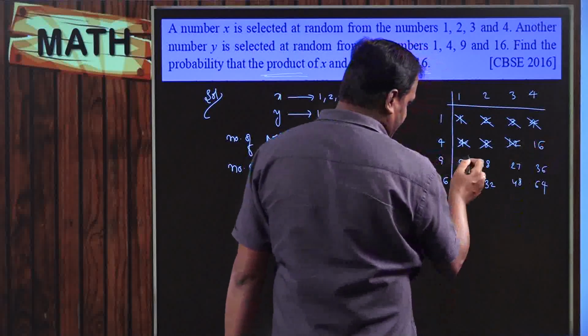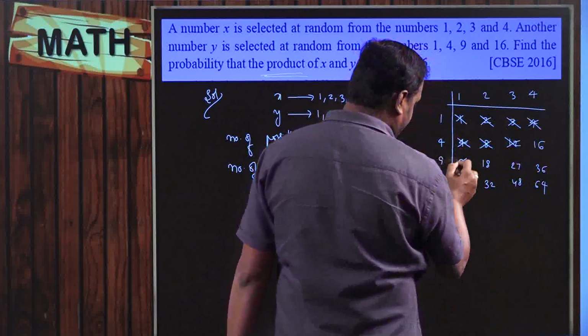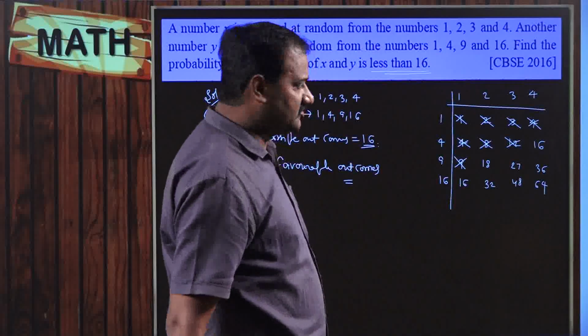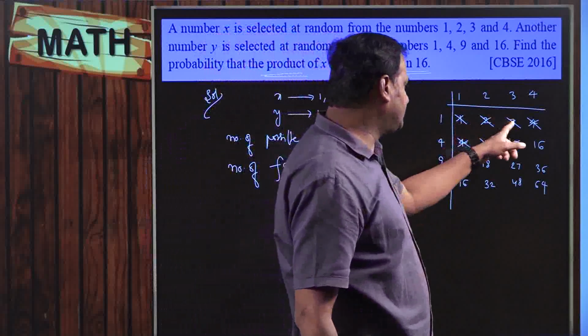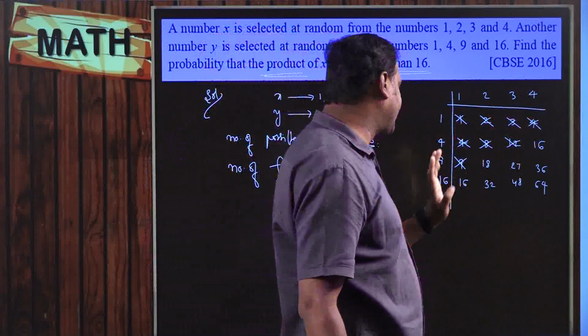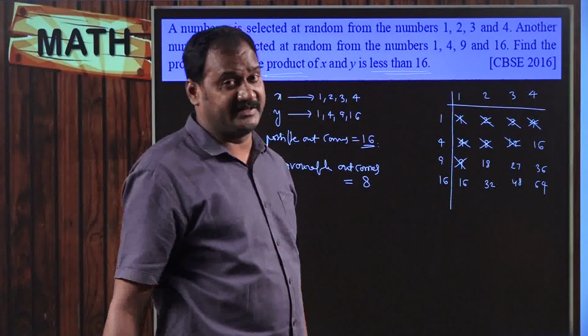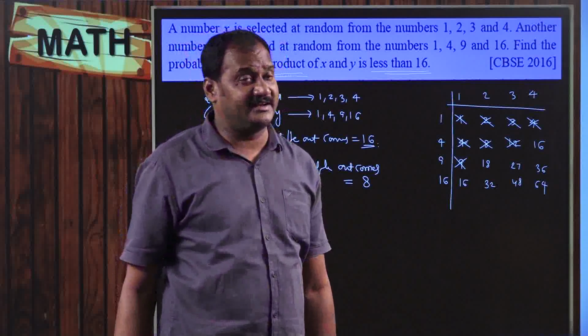Okay. So there are totally 1, 2, 3, 4, 5, 6, 7, 8. There is no other product which is less than 16. So therefore, how many number of favorable outcomes are there? 1, 2, 3, 4, 5, 6, 7, 8. So favorable outcomes equal to 8. What does it mean? There are totally 8 numbers whose product is less than 16.